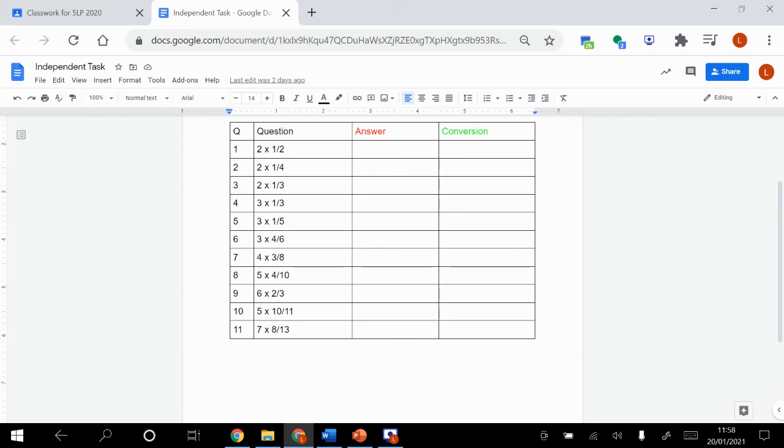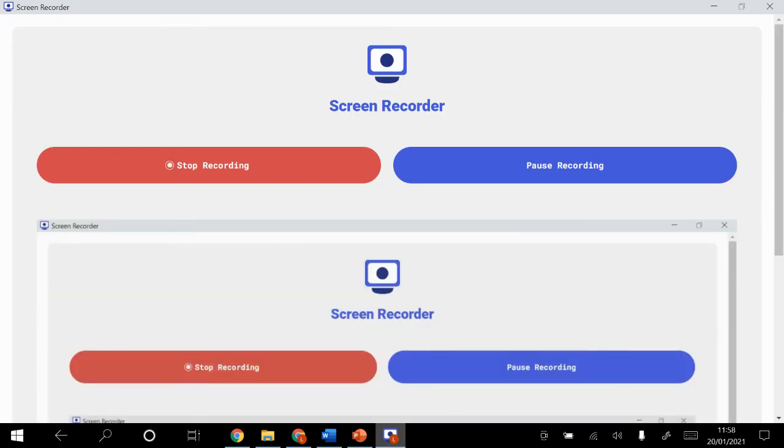So if the answer, like it will be for question 3, is just a proper fraction already, you don't need to convert it to anything. It's just for those ones where the answer is an improper fraction, can you convert it to a mixed number? Okay, so over to you for those questions. Remember that you do not have to do that conversion column if you are not confident with it. Off you go.